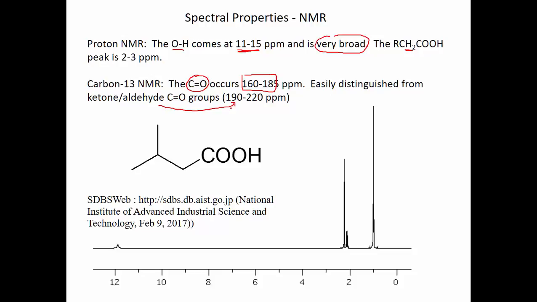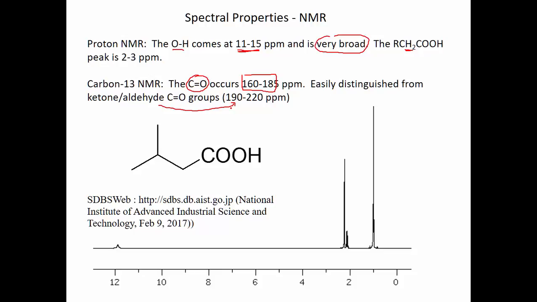So there's this kind of dividing line between 185 and 190 where everything below 185 is a carboxylic acid derivative, and everything above 190 is a ketone or an aldehyde. And there's not that many carbonyl groups that come between like 185 and 190. It's actually a very reliable assignment.